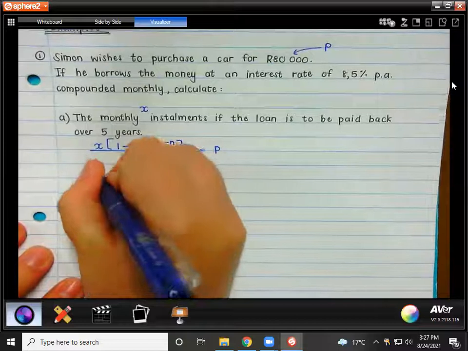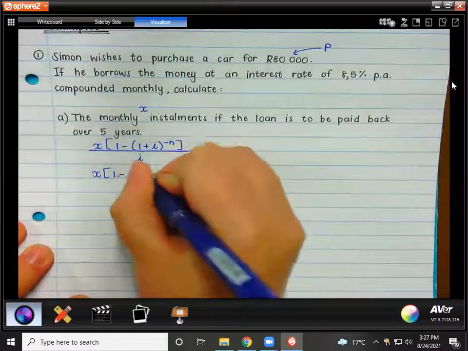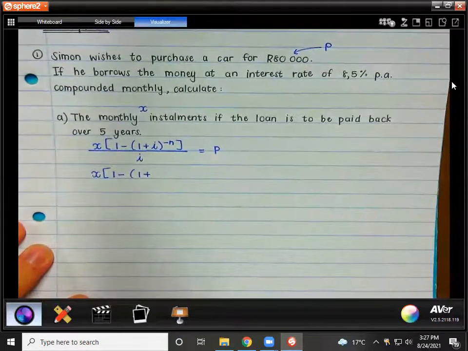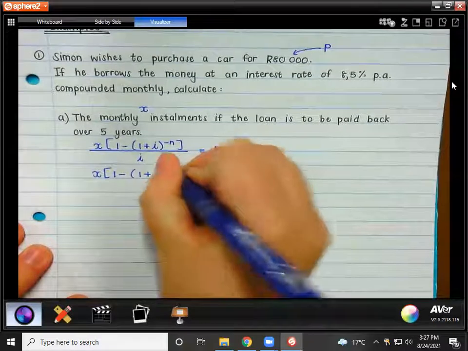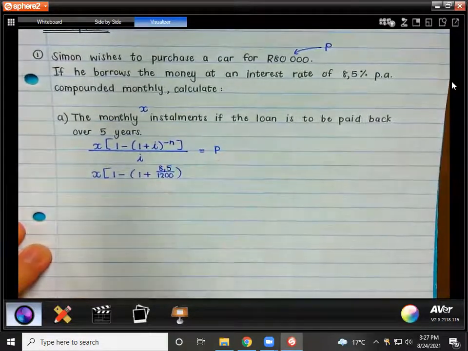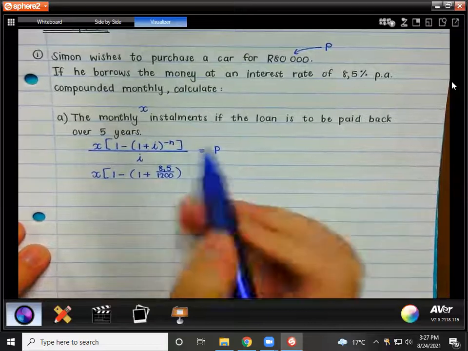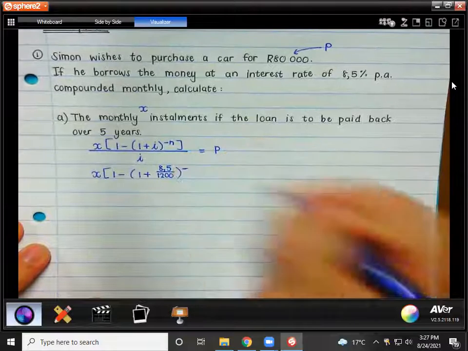So now we're just going to sub all of our values in. 1 minus bracket 1 plus the interest rate that they gave us, which was 8.5% compounded monthly. So that's 8.5 over 1200. And now, guys, do we notice that our exponent is negative? Okay, so we have to say negative.